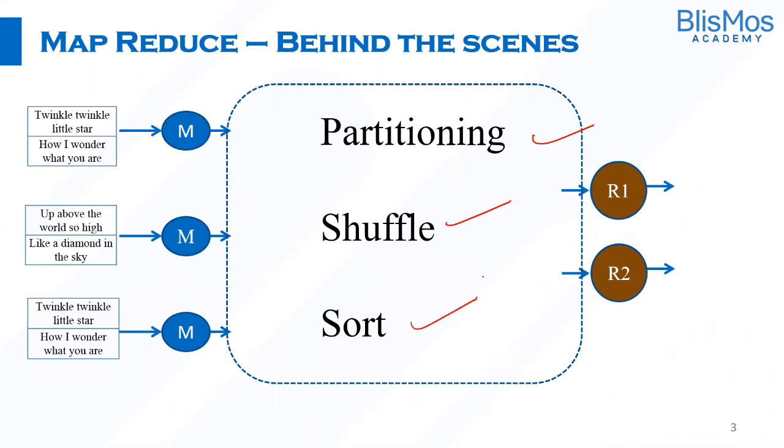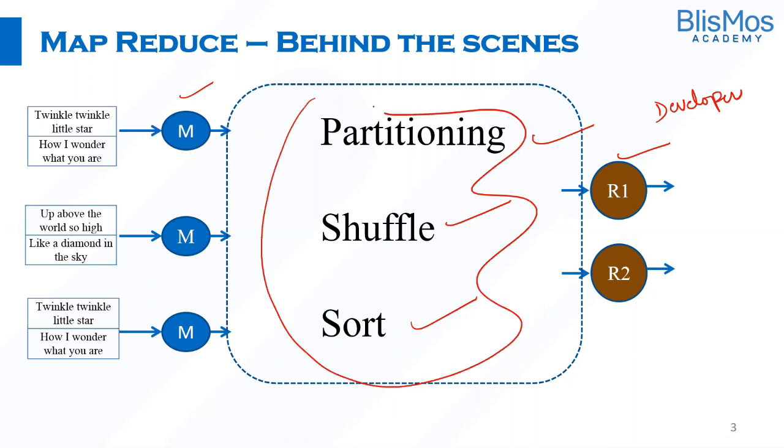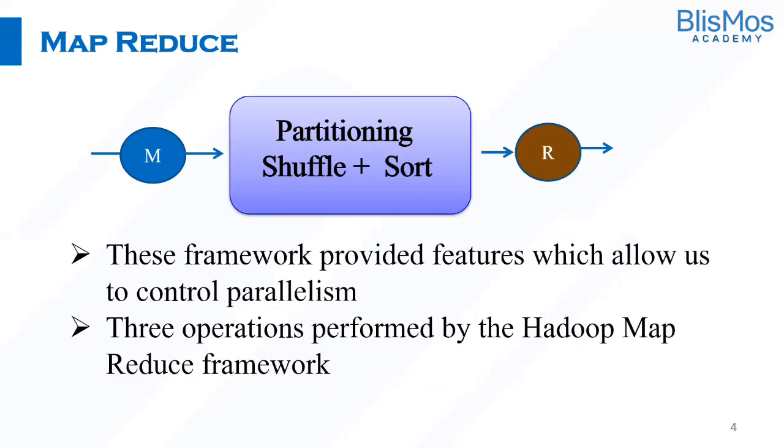So just to summarize again, mappers and reducers code is written by developer. These three things are taken care by the Hadoop framework itself. Let us see what are these steps doing.